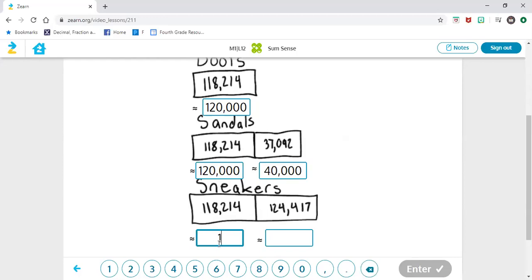So we already know, again, because that's the same on all 3. Now we need to get the 10,000th place on the additional sneakers that were sold. So we have a 2 in that place value. Either that 2 is going to stay the same or go up one. Based on this 4 being behind it, it's going to stay the same.